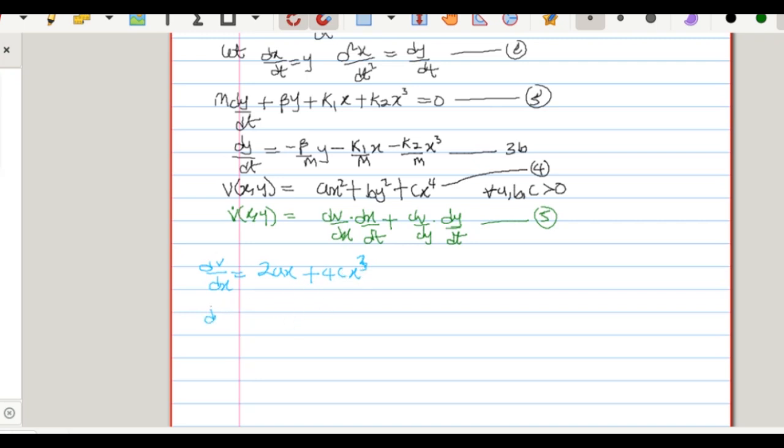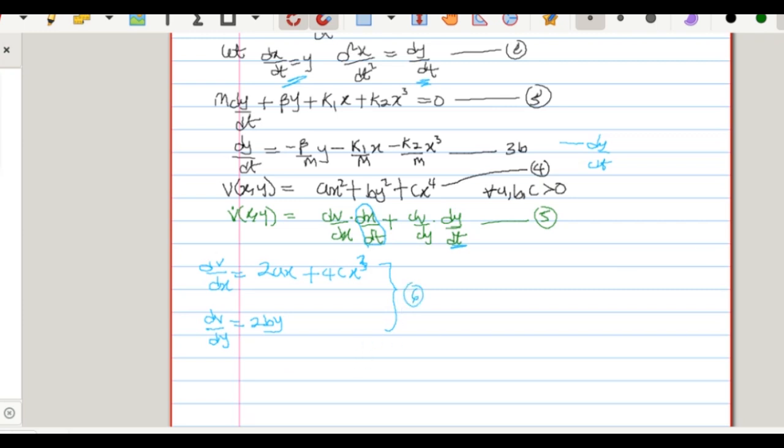And dV over dy, we're going to have 2by. We already have dx dt to be y, and we already have dy dt to be this, equation 3b. Substituting all of this into equation 5, let me call this equation 6.